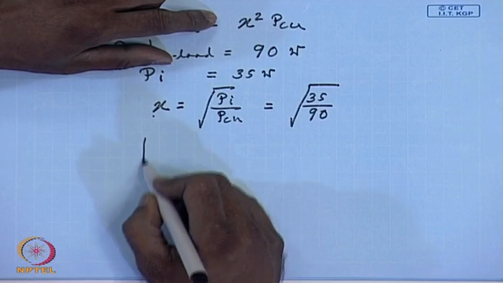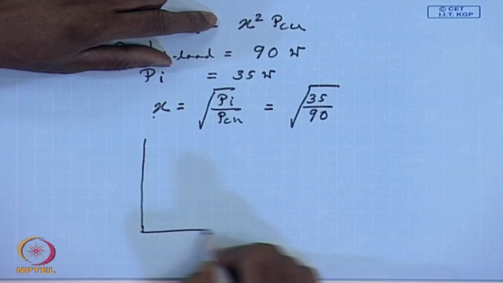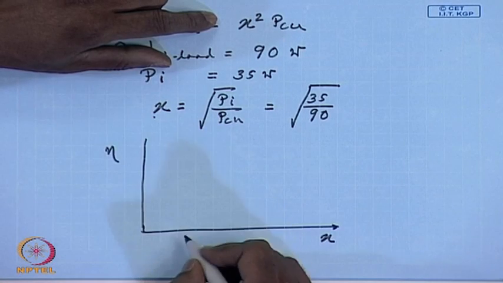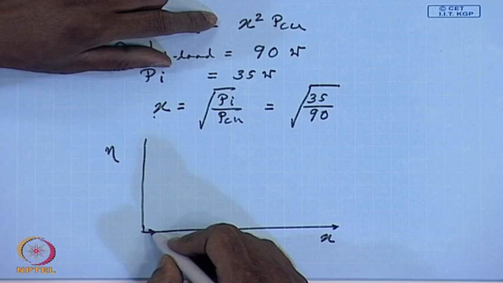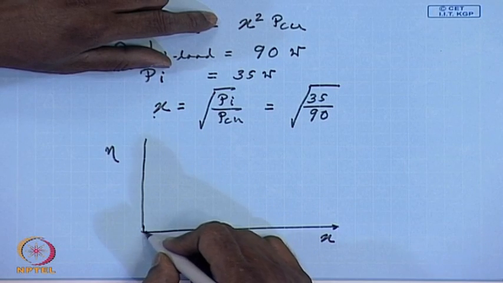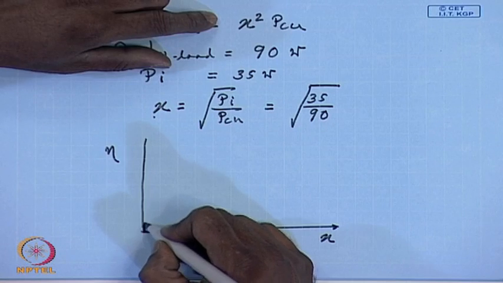It is to be noted that although the actual value of this efficiency is dependent on the power factor, the load at which the maximum efficiency occurs is independent of the power factor. So, the plot of efficiency versus percentage load will look somewhat like this.